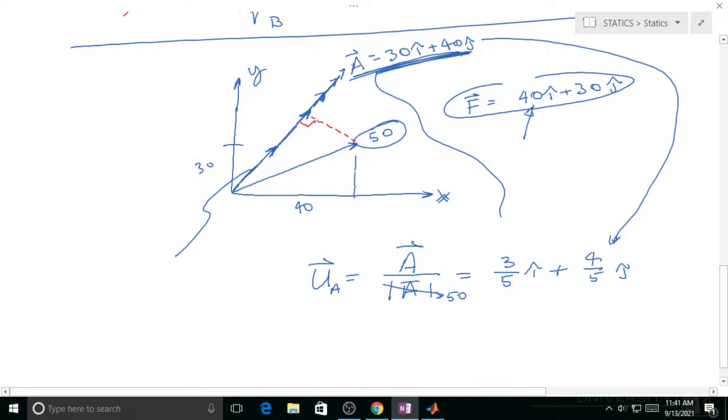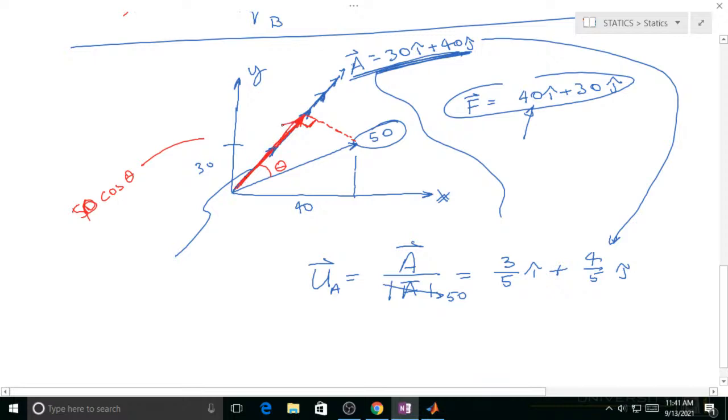If it sat here in a triangle and was 90 degrees and you knew this angle, you could easily find that. You'd take the 50, and then the cosine of that angle, and that gives you this component right here. That's what you're looking for.